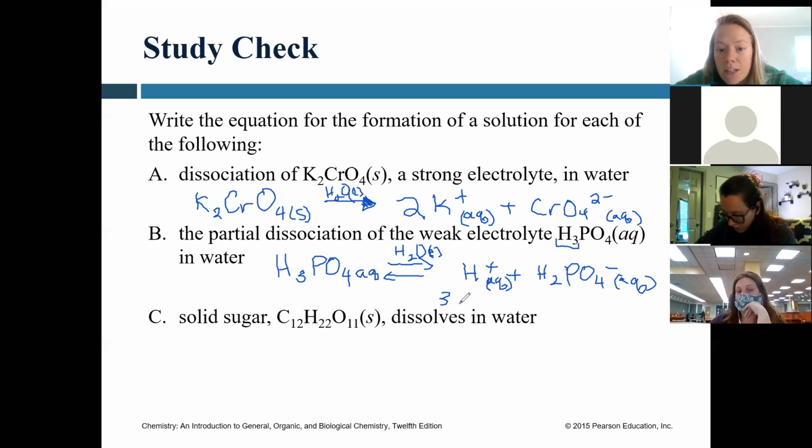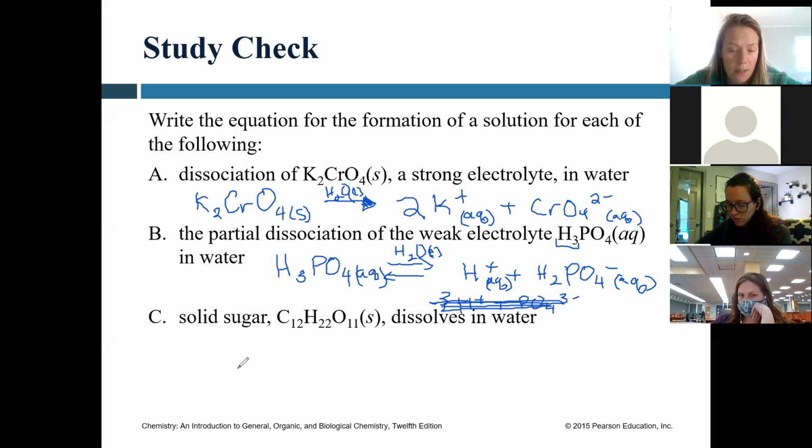If you had put 3 H pluses plus the PO4 3 minus, I don't fault you for that because we haven't talked about that yet, but that's not actually what's happening because we don't strip all the H's at the same time. Aqueous. Arrow, important thing, arrows going back and forth. Some of it's breaking apart, some of it's recombining.